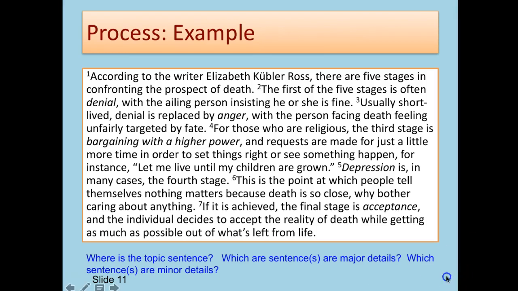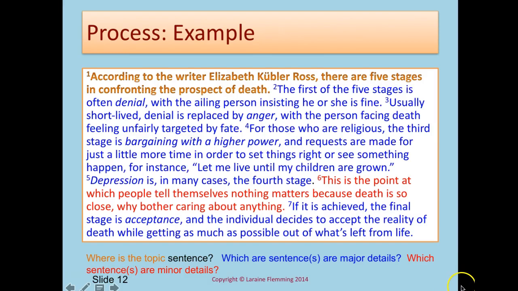Well, the way this paragraph is formatted gives us some big hints. The topic sentence is indeed the first sentence, where we learn that the topic or the process that's going to be defined are the 5 stages in confronting the prospect of death. So we know that we're going to look for 5 major details, each one of them being one of these stages in confronting the prospect of death.